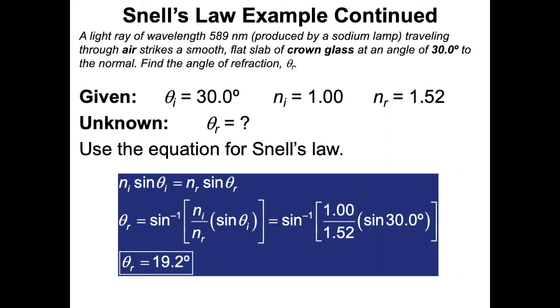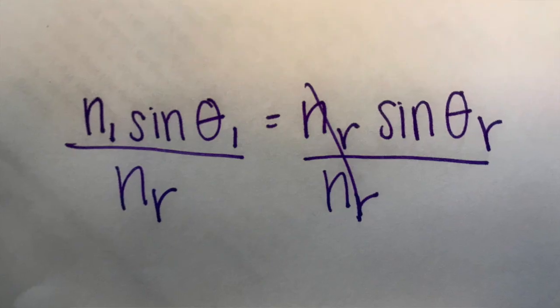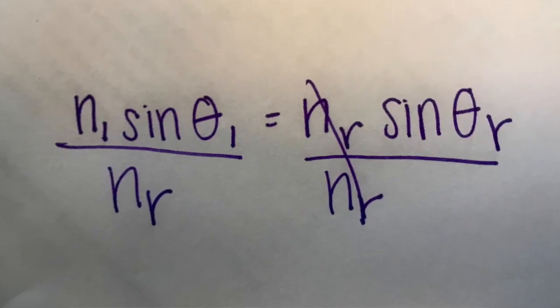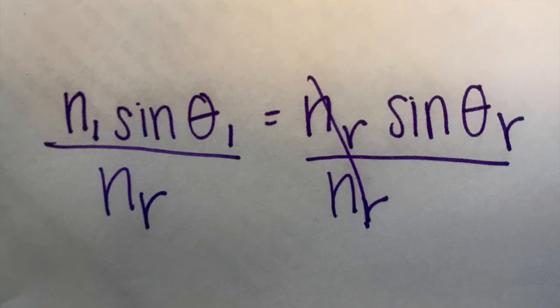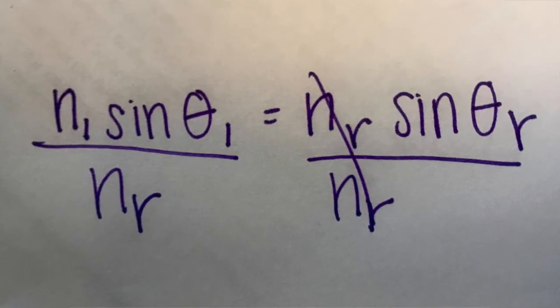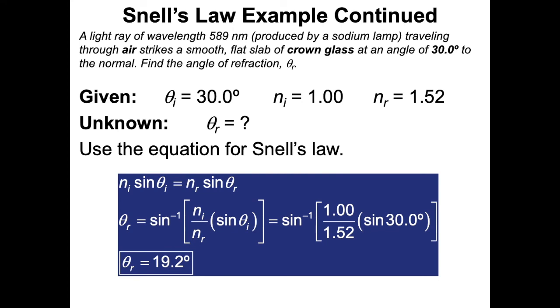I have a few reminders for you for how you rearrange an equation when you're using trigonometric functions. So I want to get theta r by itself. What I would do first is divide by nr, bring that over to my left side, visualize it with me here. And then I have just sine of theta r left on the right hand side.